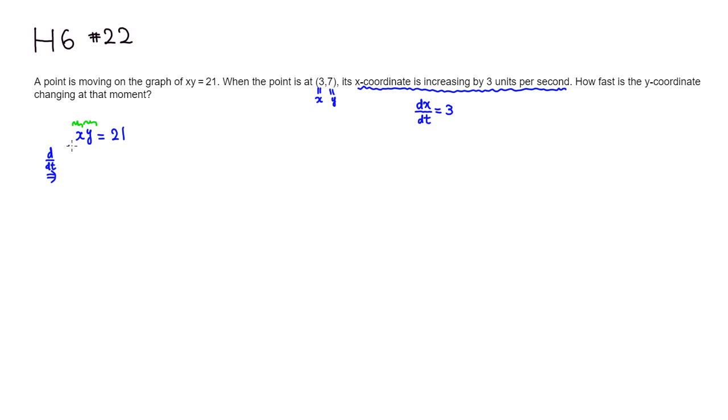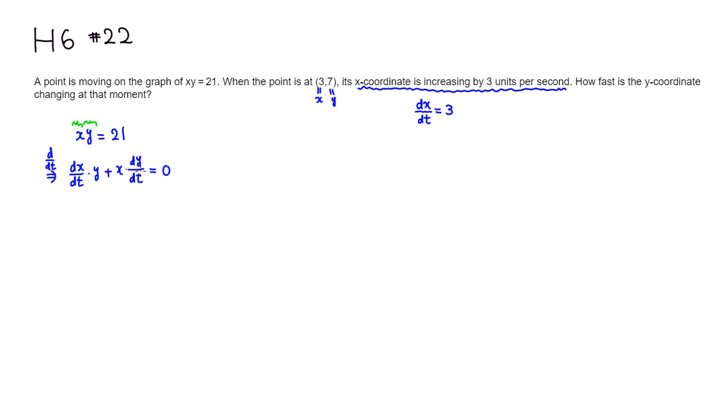The derivative of x would be dx over dt times y, plus the first guy times the derivative of y, that would be dy over dt, and is equal to the derivative of 21, which is 0 because 21 is a constant.